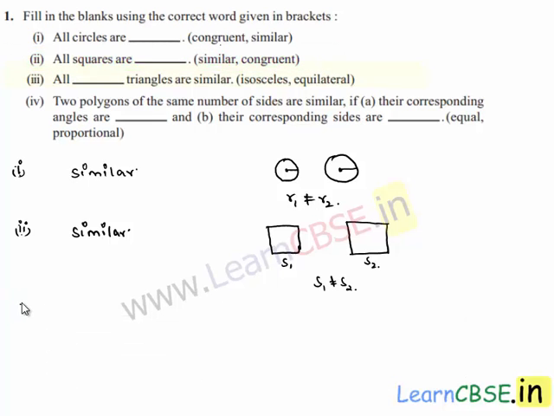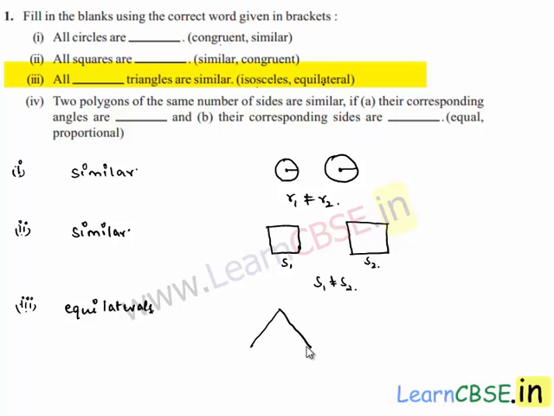Moving on to the third bit. All triangles are similar, either isosceles or equilateral. All equilateral triangles are similar because in an equilateral triangle we know that all the angles are equal to 60 degrees each.